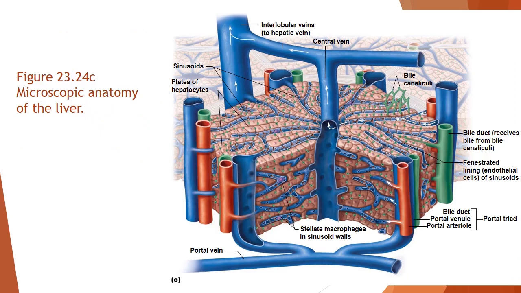You can actually see it in this picture. You can see the sinusoids and where they're found. Blood from both spots, the hepatic portal vein and the hepatic artery, will mix together, travel down those pathways, keep those cells alive, supply them with oxygen and nutrients. The cells will do what they do and filter these things out.